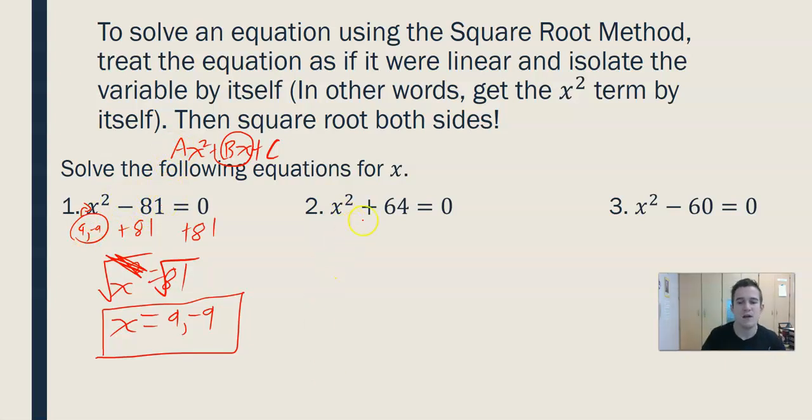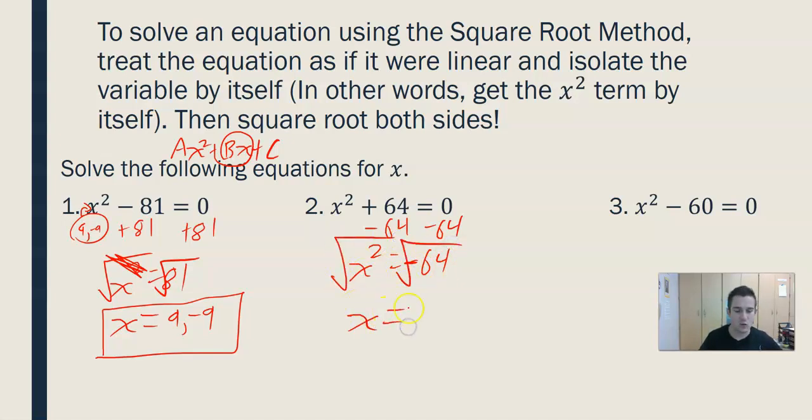Okay, let's do this one. x squared plus 64 equals 0. So I'm going to subtract 64 on both sides and get x squared equals negative 64. Okay, I'm going to square root both sides. I get x equals, this is a negative number underneath the square root, so the answer is going to be imaginary.